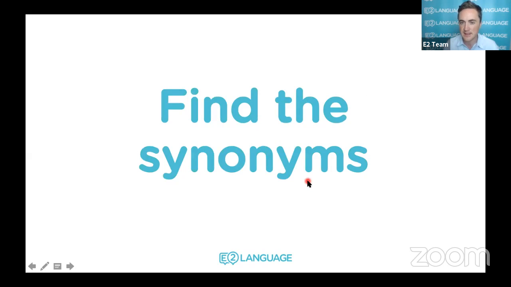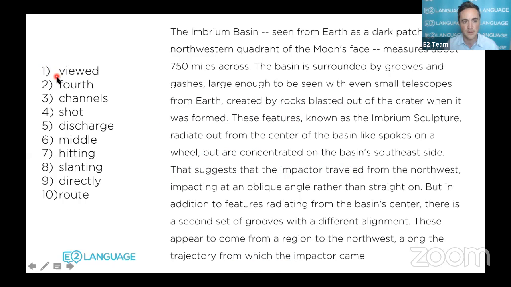Let's do a task. I want you to find the synonyms. There are 10 of them: viewed, forth, channels, shot, discharge, middle, hitting, slanting, directly, and route. You need to look in here. They will follow the same order. So this one will be located at the top. This one will be located at the bottom. Some will be very similar. Some will be not quite so similar. So go through and find these synonyms, please.